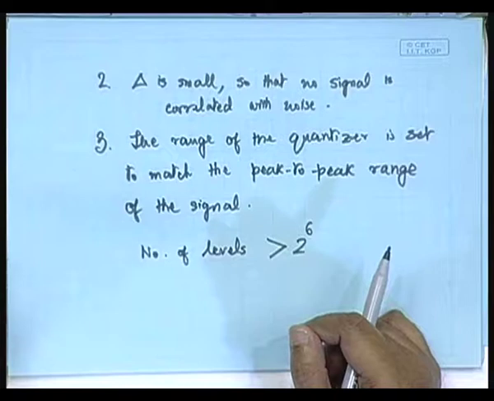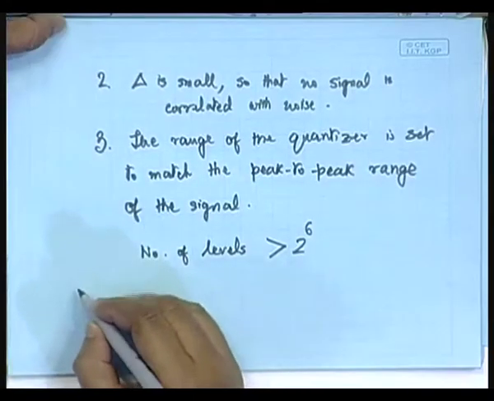So, from this point of consideration, the simplest scheme of quantization is not adequate. In fact, we have to go in for something like adaptive quantization, which we are going to talk about in a later lecture.